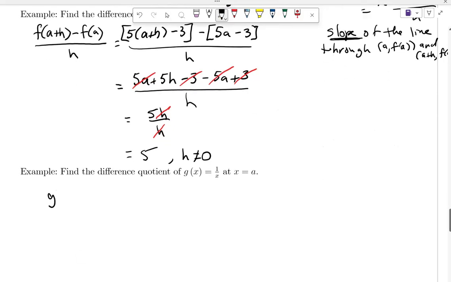For our g here, that's 1 over x. Again, the difference quotient is this very specific definition. G of a plus h minus g of a all over h. What is g of a plus h? What do you have?